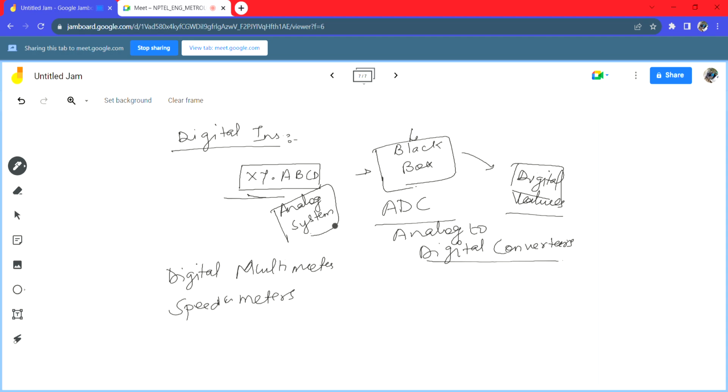So they give you these speed values directly as speeds. Then we have digital thermometers. So instead of you going onto the mercury scale and measuring what is the temperature, these digital thermometers give you values directly as say 100.9 degree Fahrenheit.